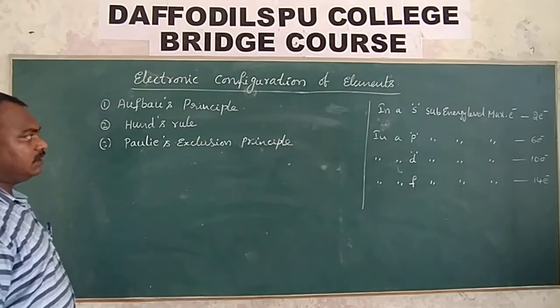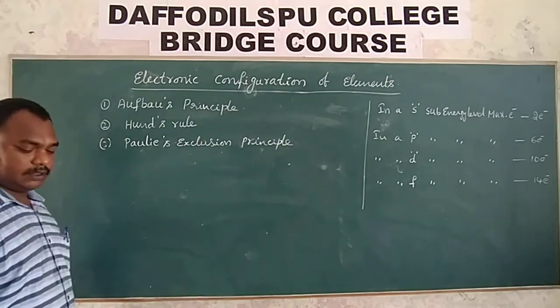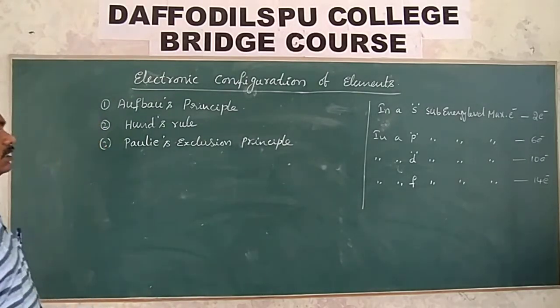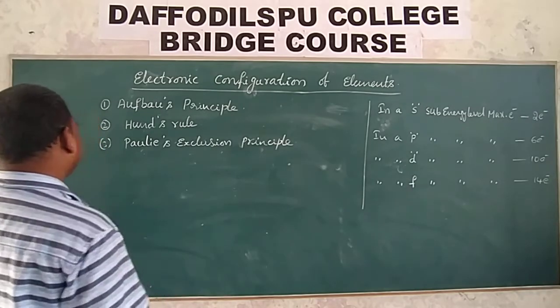You have to follow these 3 rules: Aufbau principle, Hund's rule, and Pauli's exclusion principle.